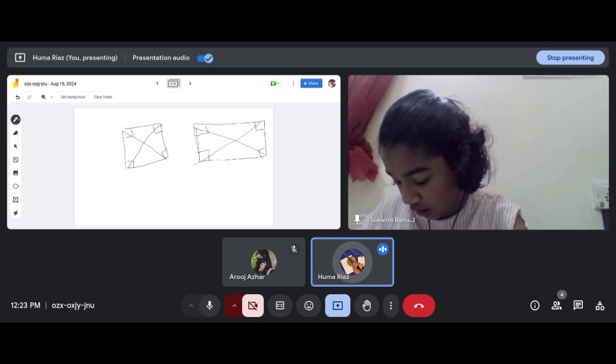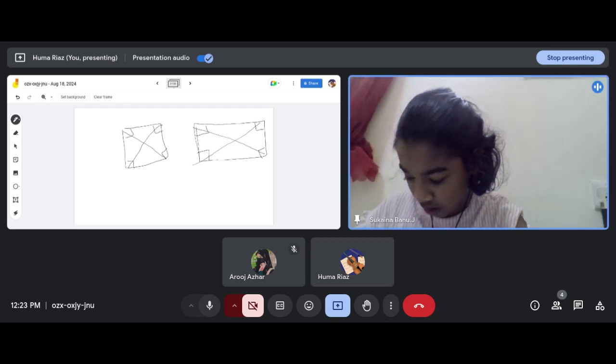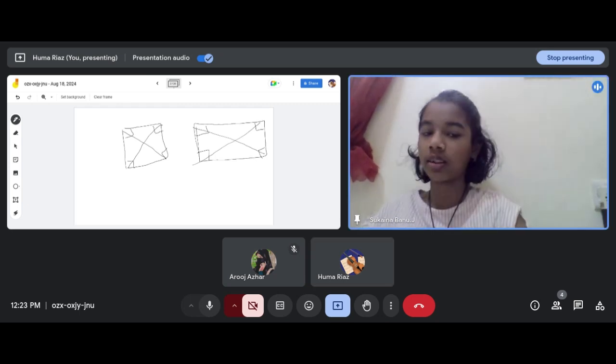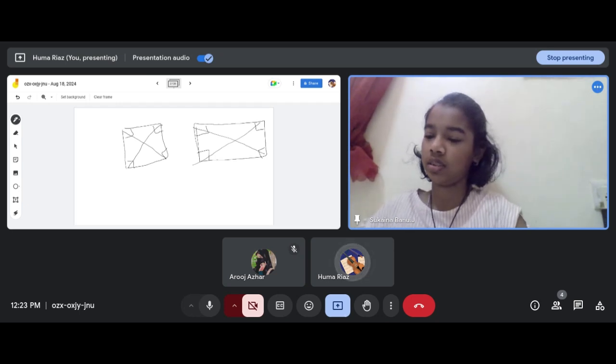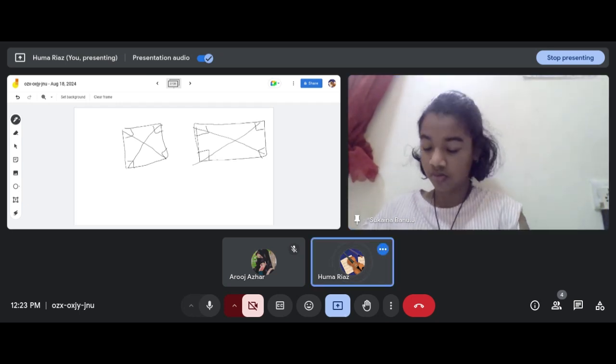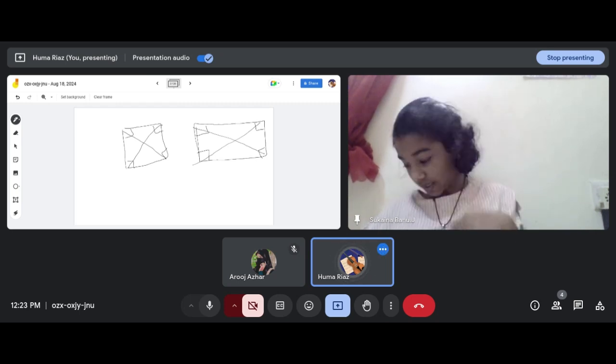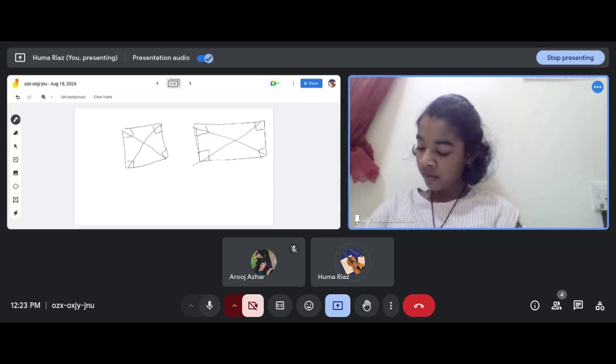But isn't it concave inwards and convex outwards? No, they just ask why a rectangle is a convex quadrilateral, so we have to answer according to the interior and exterior. Okay, can we move to the next question?